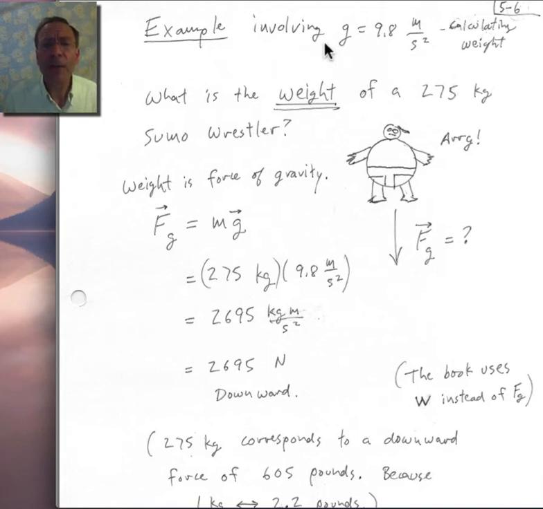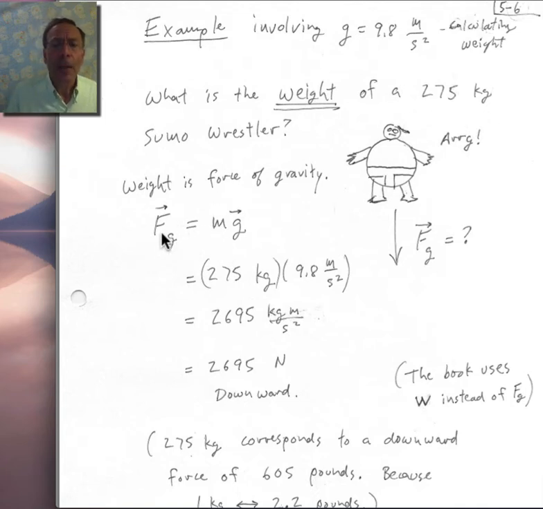So Newton's second law can be used in this case to relate the mass and the downward pull of gravity. And that downward pull is called the weight. Okay, so, all right, let's see. What is the weight of a 275 kilogram sumo wrestler?